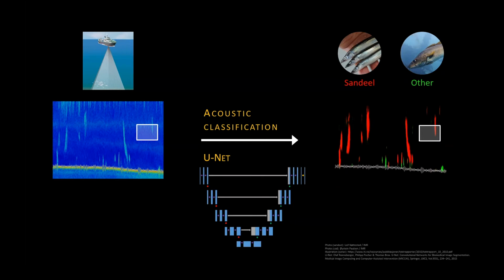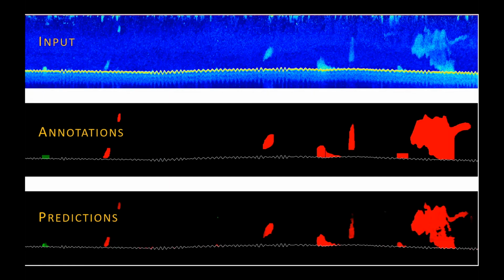The data we've been using is from a sand eel survey. That means that the primary target for annotation is this little fish called sand eel. So we have three classes: sand eel, other species, and background. And here's an example.